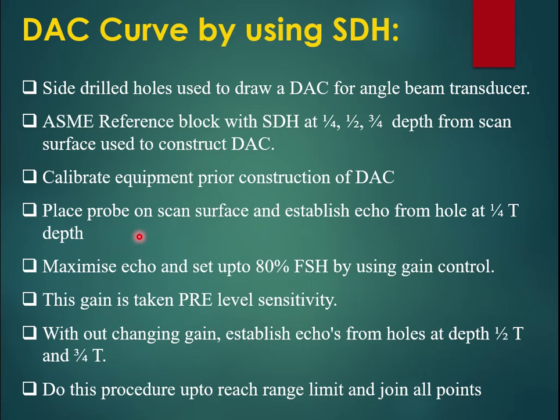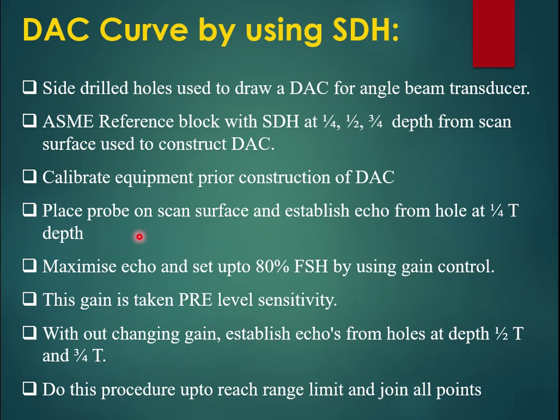To catch the 1/4 hole, you need to calculate related values like sound path value and surface distance value. How to calculate these values, we can look at in the next video. Just now in this video, just observe how to draw a DAC curve.